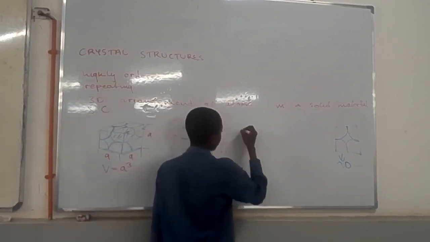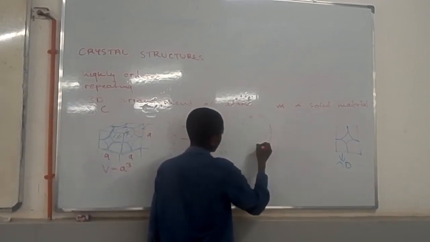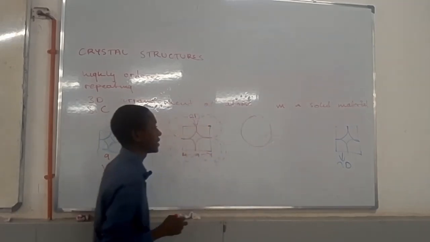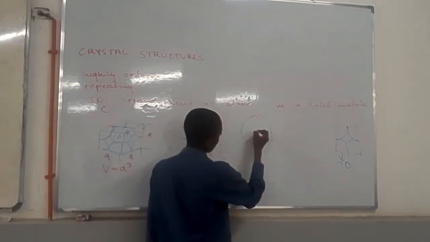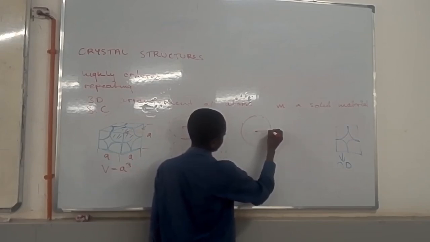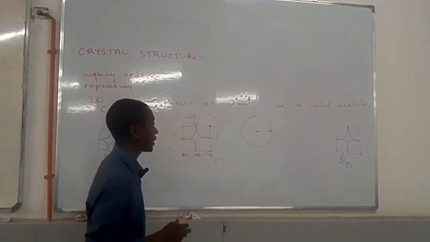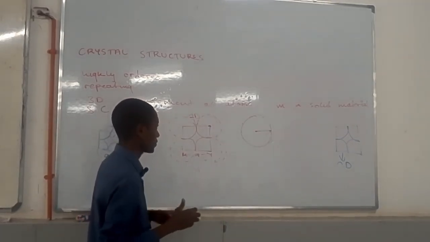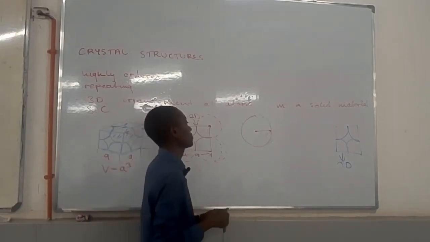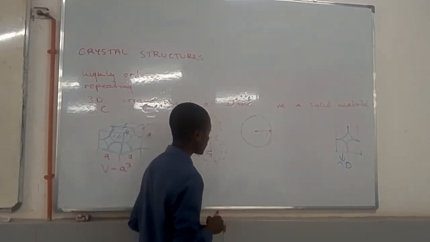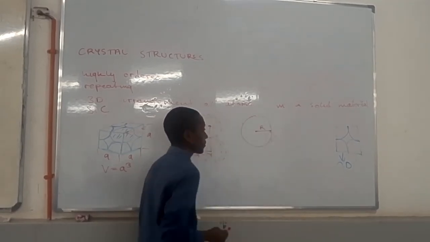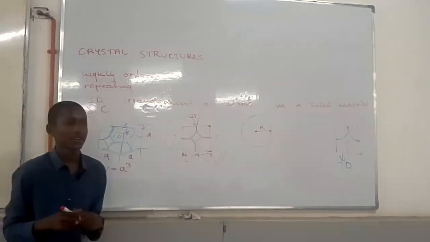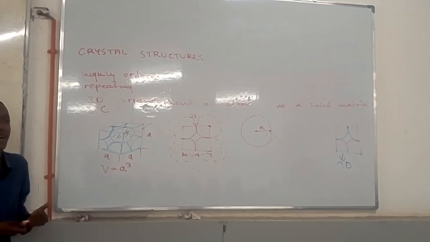And we are assuming the atoms to be solid spheres. The distance from the center of the atom to the outermost part, we will call it R, which is the radius of the atom. Are we following?